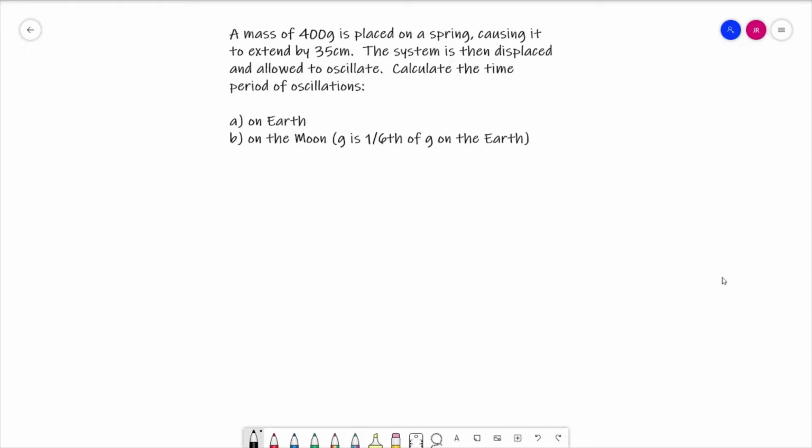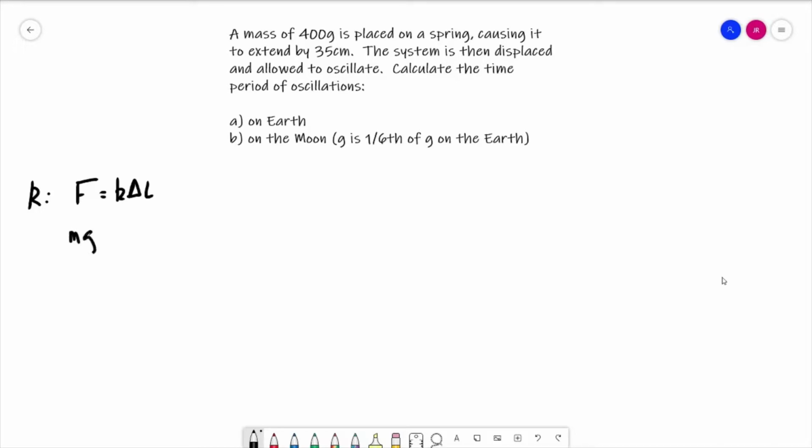So let's have a look at the answer to this then. Firstly, we're not explicitly given the spring constant, so we do need to calculate it. The spring constant comes from F is equal to K delta L, or Kx, but as I said earlier, I'm trying to avoid x as much as I can in this situation.